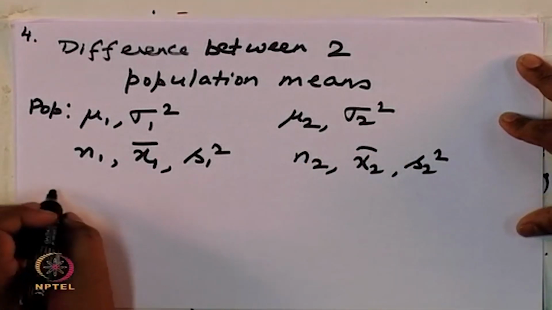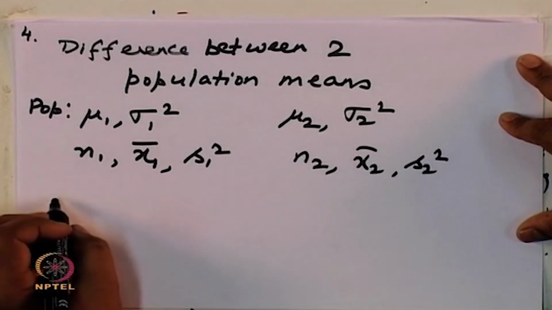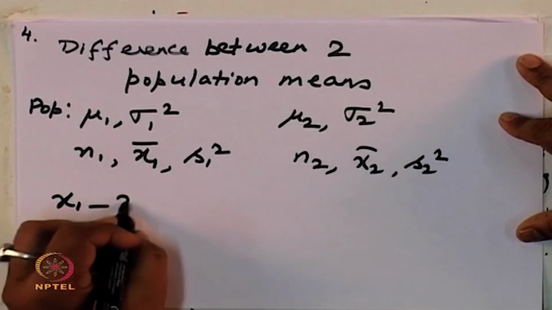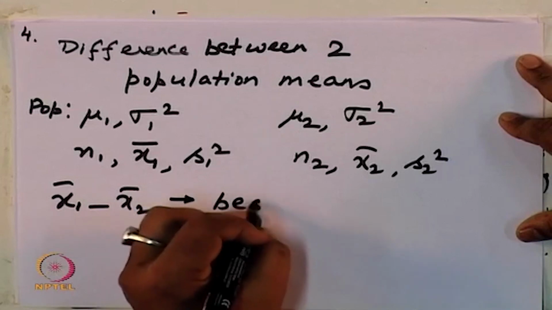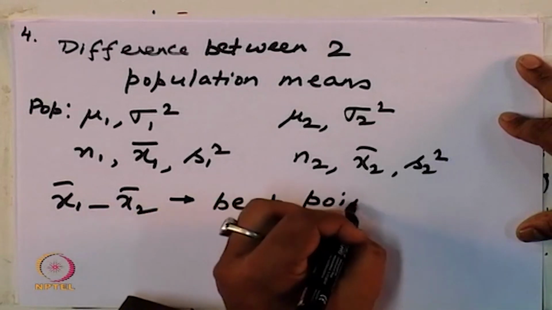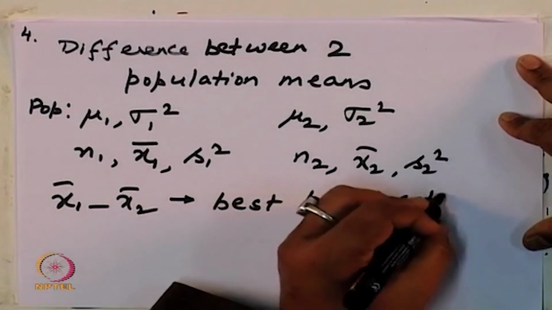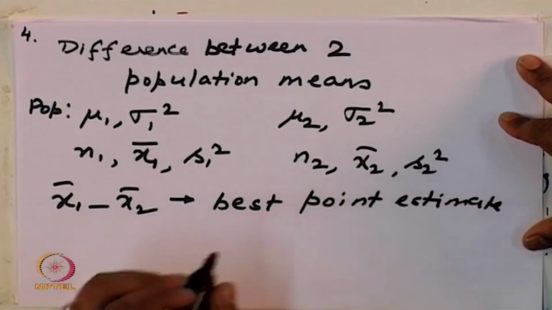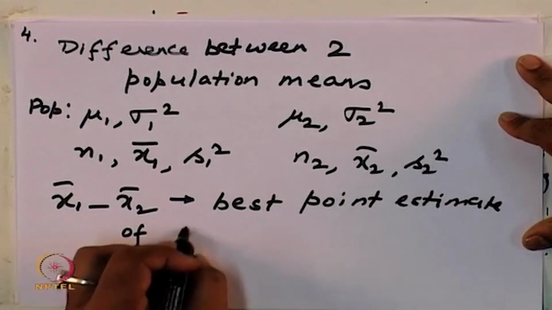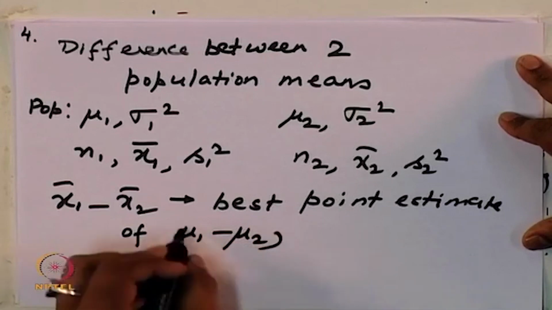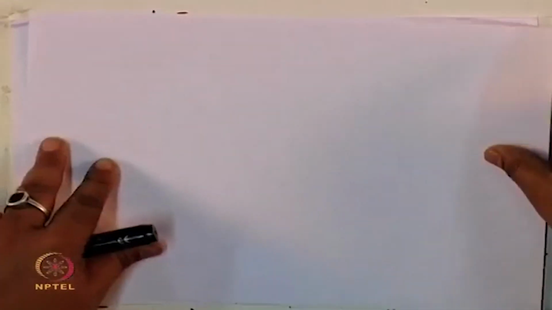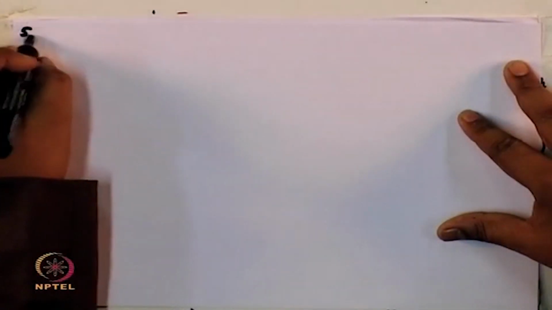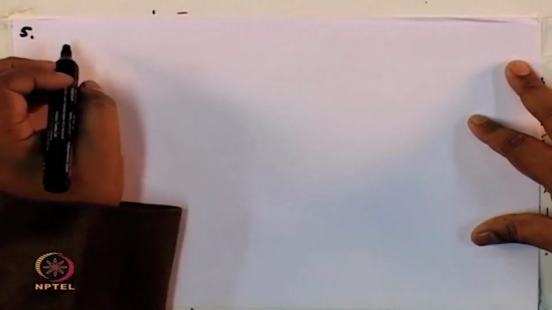So, for the 95% confidence interval, x1 bar minus x2 bar is the best point estimate of mu1 minus mu2. And I can write the variance.